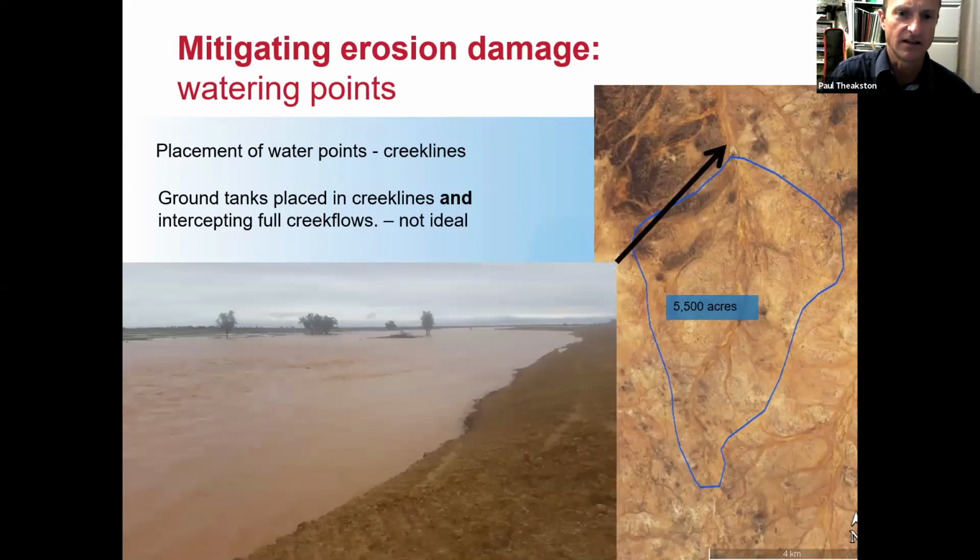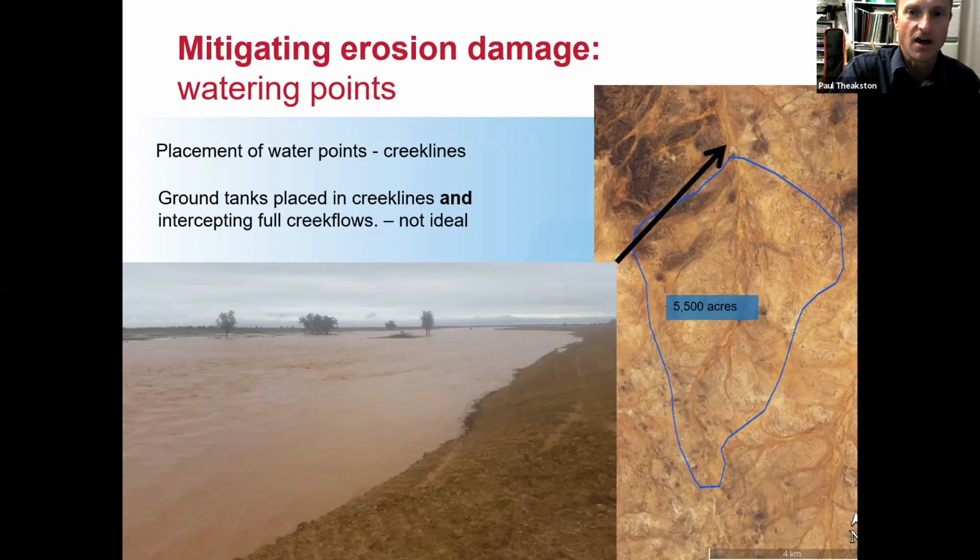And this is a situation where this particular ground tank was intercepting 5,500 acres of catch, and that's how much water was coming down. And that photo is the bywash water. So after the tank filled up, you've got to do something with that water, and it's a real headache to do something with that amount of water.